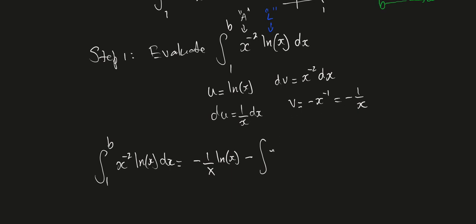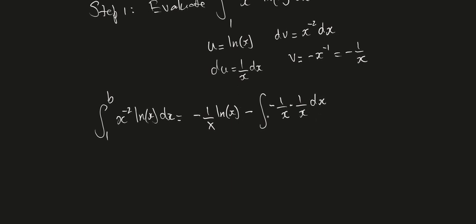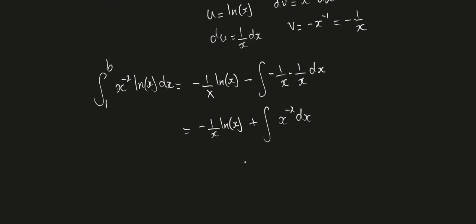So negative 1 over x times 1 over x dx. And then notice I can take out this negative sign. So I have my negative 1 over x times the natural log of x plus the integral, and I end up getting x to the negative 2 again. And that happens a lot with integrals of this form.